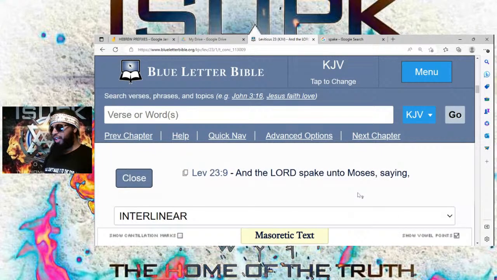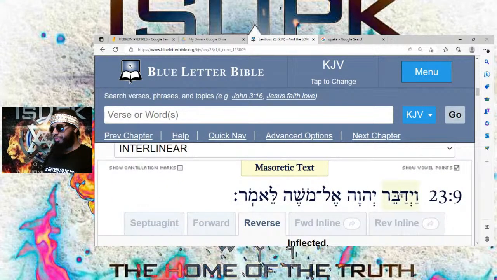But to let you know, of course, when we read in the English, "And the Lord spake unto Moses, saying," the only reason we know that this is in the past tense, how do we know that the bar is in the past tense? Every verb is to be conjugated in a past, present and future tense, and it'll never be by itself.